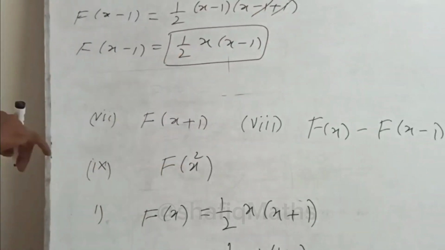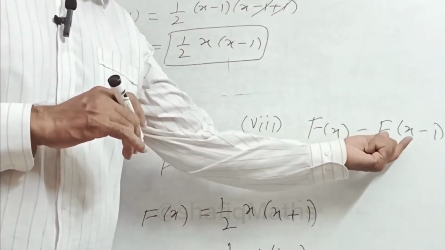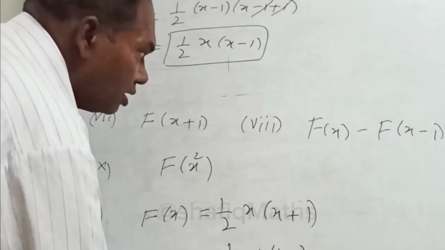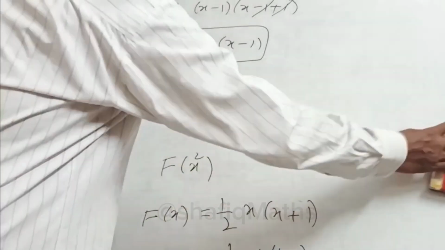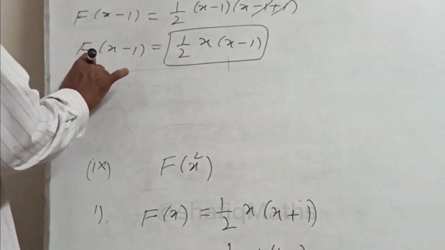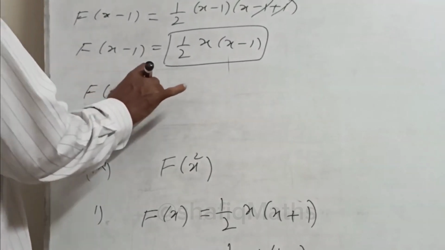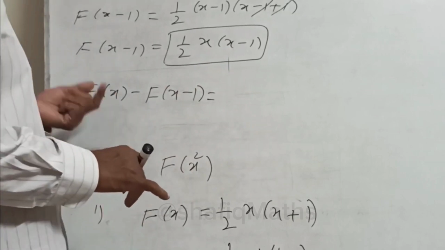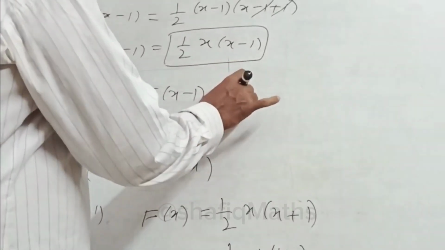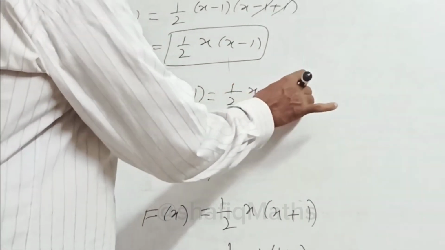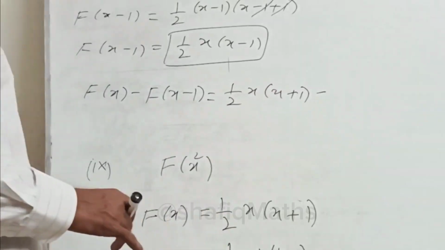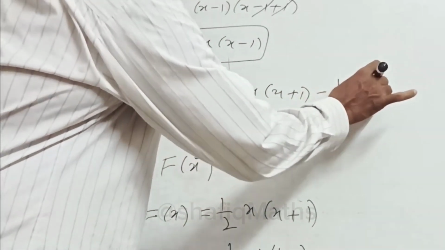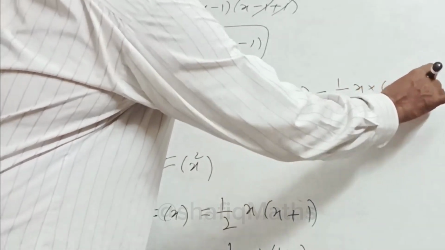After this we are substituting the values of f(x) and f(x minus 1). So our answer will be f(x) minus f(x minus 1) equals, the value of f(x) is 1 upon 2 x into x plus 1, minus the value of f(x minus 1), which is 1 upon 2 x into x minus 1.